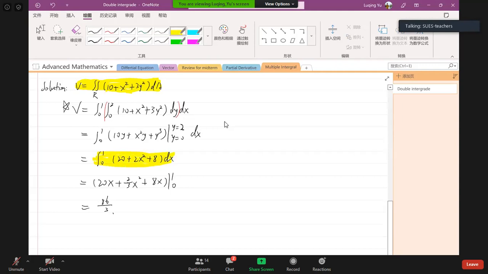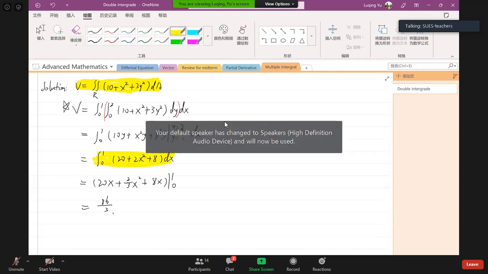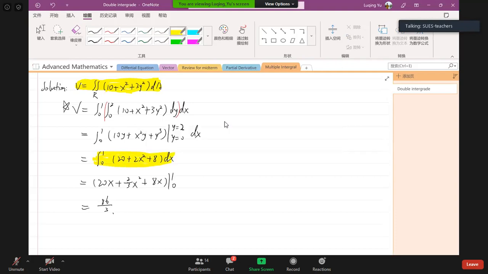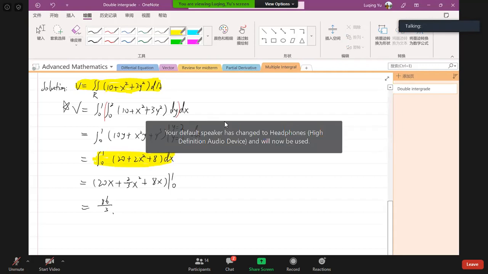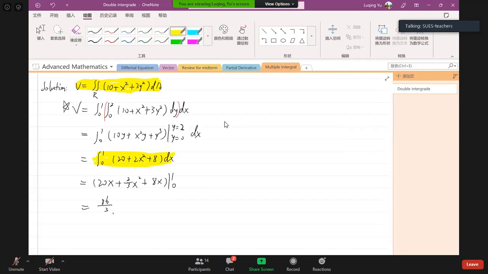So you will find it pretty easy to get the final solutions here. Okay, so the multiple integral question. This is just a very easy rectangular integrating question in our examinations.